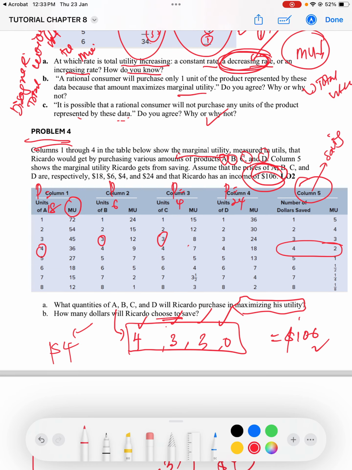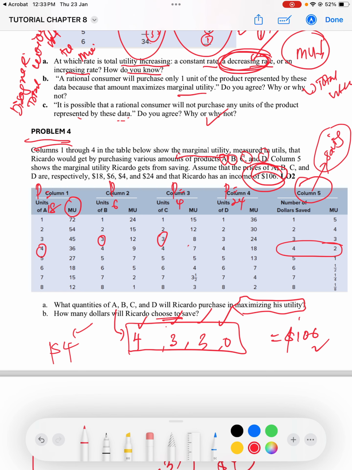Now let's move to problem 4. They ask you, from columns 1 through 4 in the table below, to show the marginal utility measured in utils that Ricardo would get by purchasing various amounts of products A, B, C, and D. This is product A, and this is product B, C, and D. And column 5 shows the marginal utility Ricardo gets from saving, so this one is solely for saving.